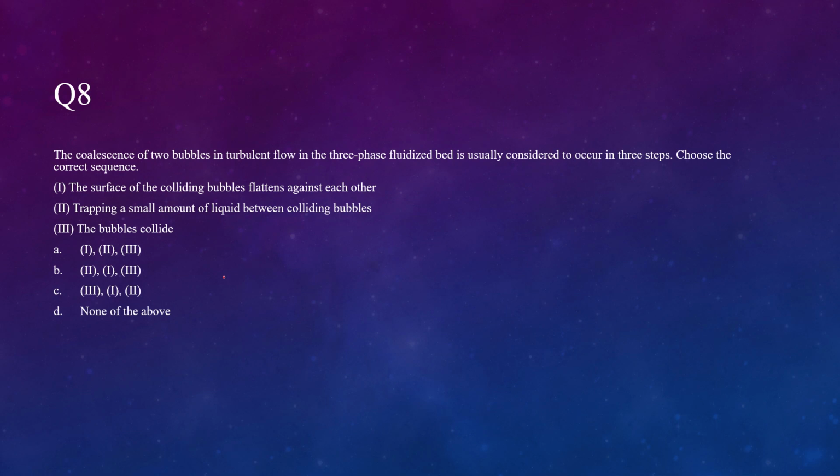Consider this, this is bubble 1, this is bubble 2. When two bubbles come in contact, they first collide, right? They are colliding against each other. So the options given are: surfaces of the colliding bubbles flatten against each other, trapping a small amount of liquid between them, or the bubbles collide. The first event is the bubbles collide.